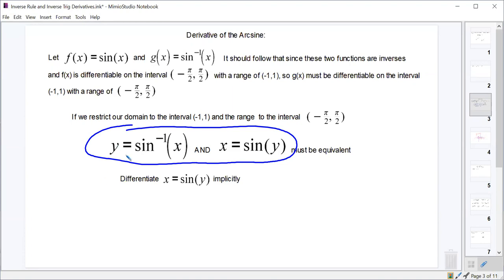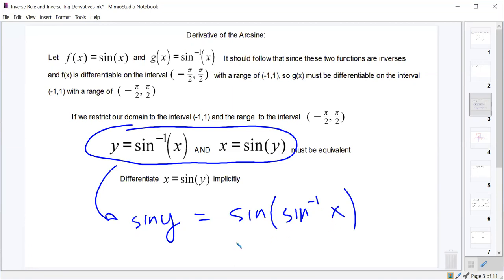Right? Because if I have y equals inverse sine of x and I take the sine of both sides, what's the sine of the inverse sine of x? It should just be x, right? So there's no real difference between y equals the inverse sine of x and the sine of y is equal to x. Everybody agree with that?